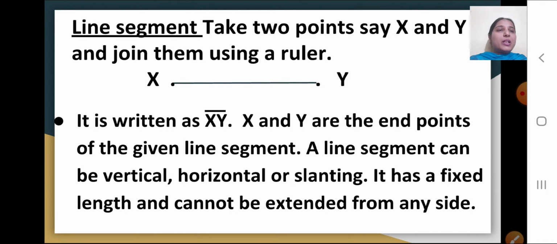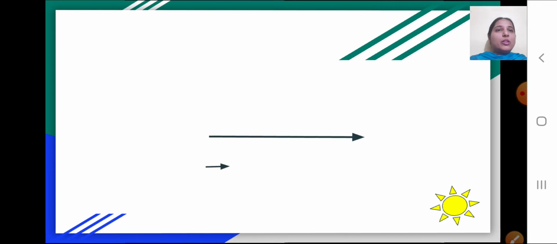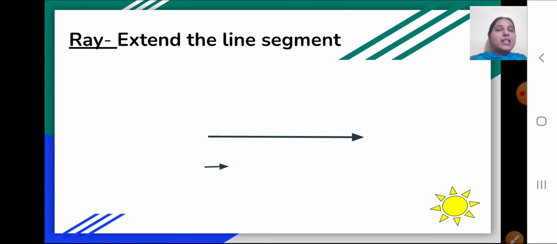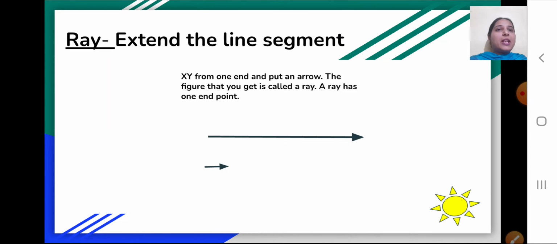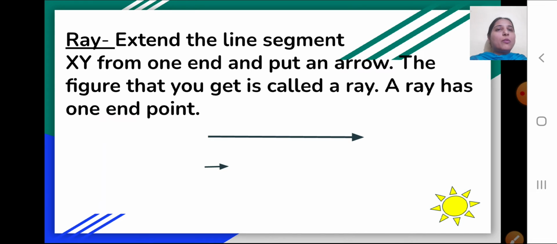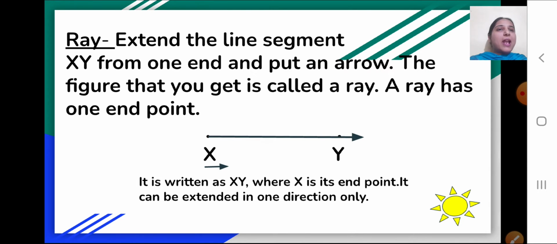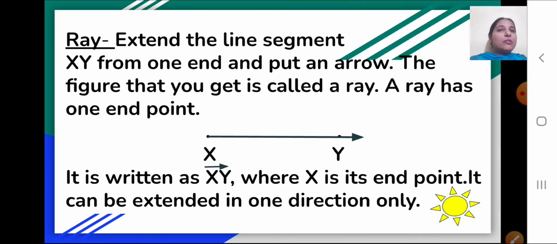But suppose we take a line segment XY and extend it from one side only. You can see here we have extended it from one side and put an arrow. The figure obtained is called a ray.